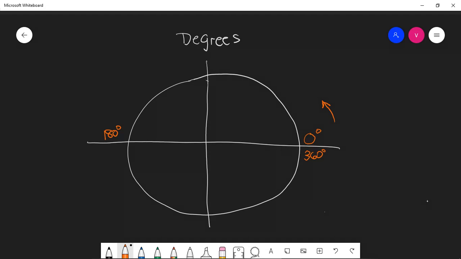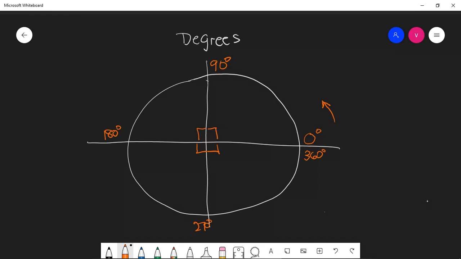So half of that will be 90 degrees. So each quadrant is 90 degrees. 90 here, 90 here, 90 here, which means 180 plus another 90, that's 270 degrees. And then another 90, then you end up at 360.